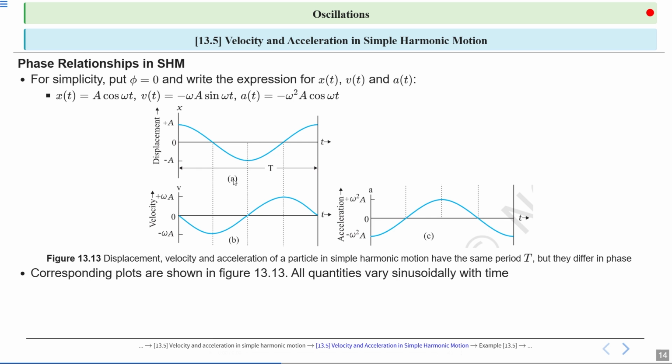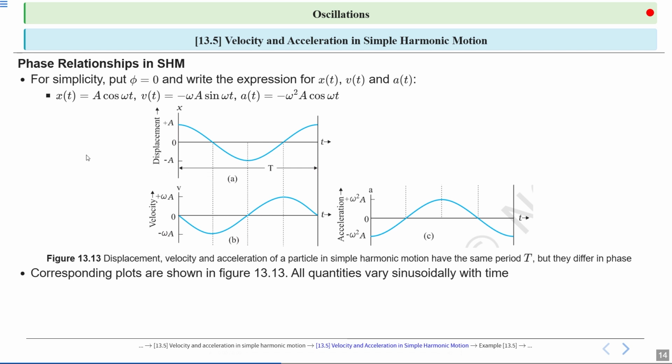Alright, look at figure 13.13, which shows how displacement, velocity and acceleration all change over time. Even though they all repeat with the same period T, their peaks and zero points don't line up. This is what we mean by differ in phase. All three quantities follow a sinusoidal pattern, but they are shifted relative to each other.